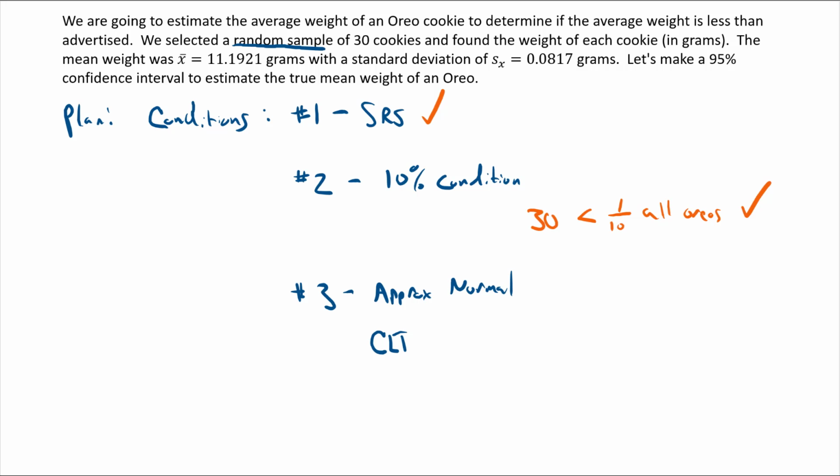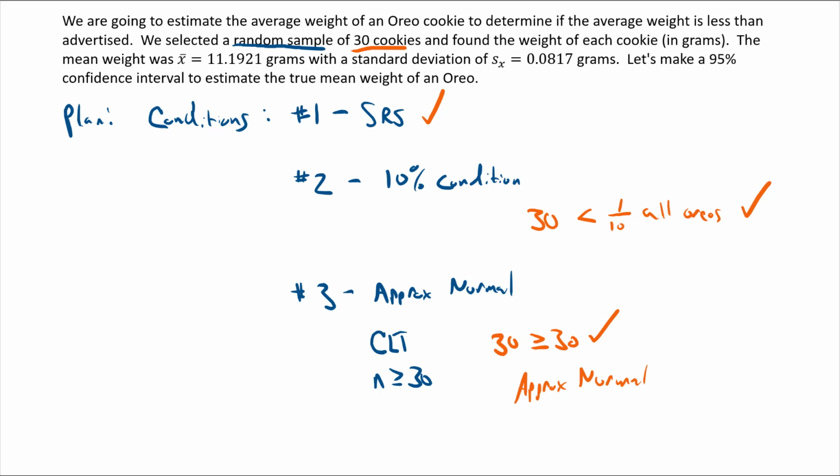In other words, that our sample size is greater than or equal to 30. Well, in this case, we are right on the edge of that, right? So we had 30 cookies for our sample size, and that was greater than or equal to 30. So that checks off. Therefore, we would write approximately normal, and that's for the distribution.